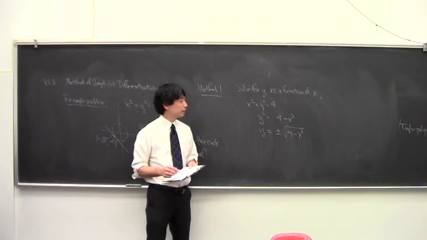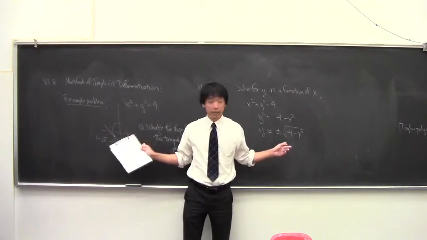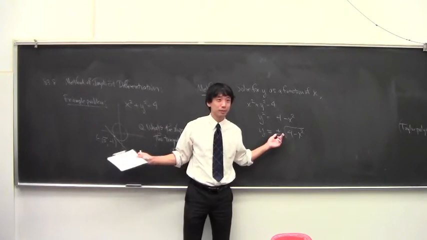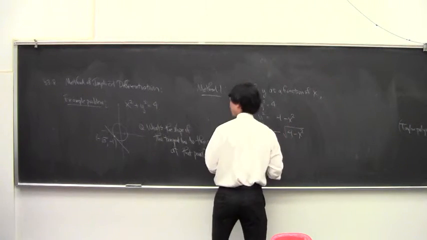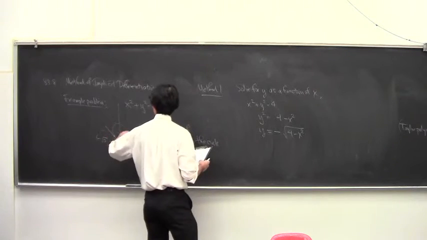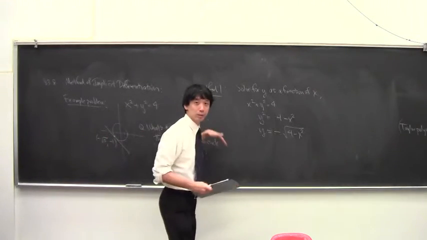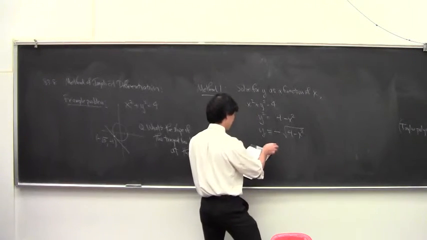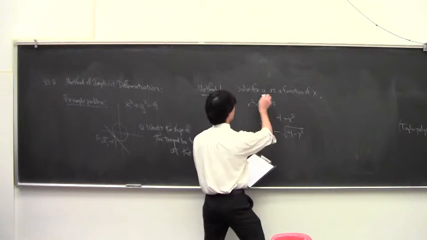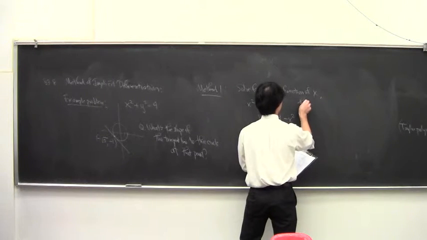Which one is it? Is it plus or minus? Minus, right? For us, we're taking the lower graph of the minus square root. And so it's minus here, and then you just differentiate. Solve for y as a function of x, then differentiate.